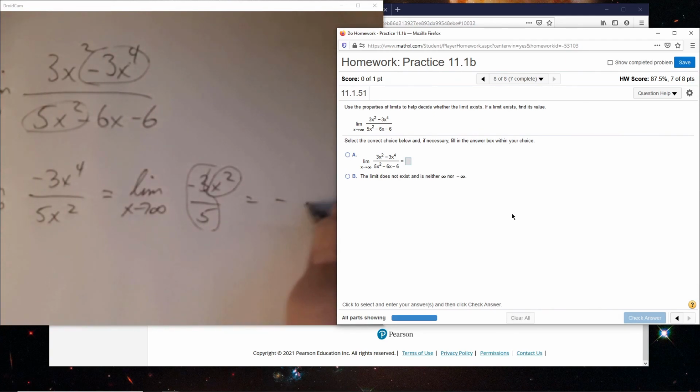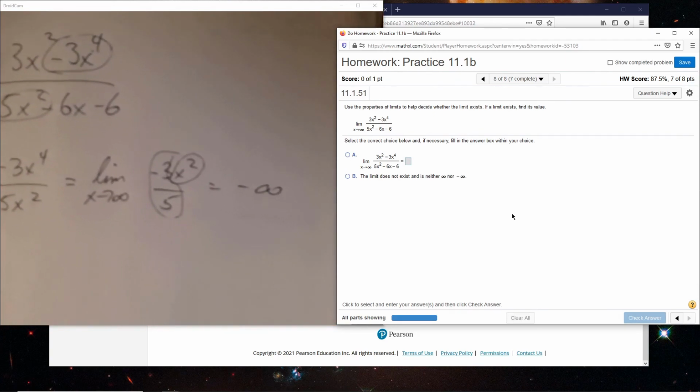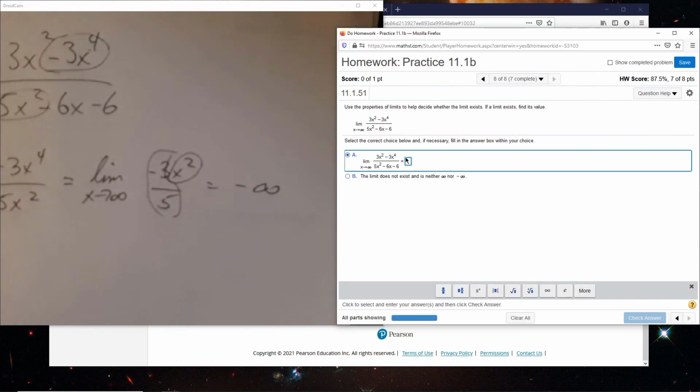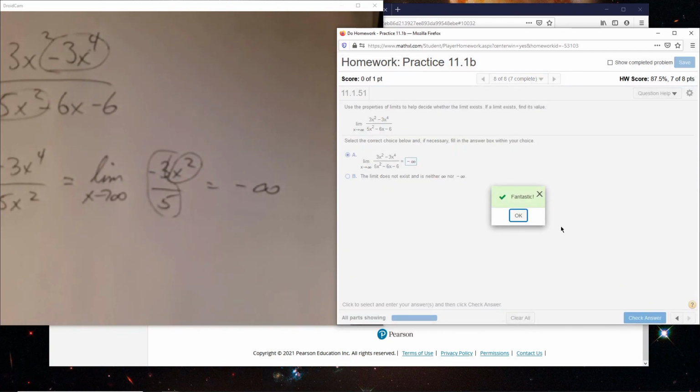And so overall, this is going to a negative infinity. So it's going to infinity in the direction of the negative numbers. And MyMathLab does have an option for minus infinity here, so they are definitely looking for that.